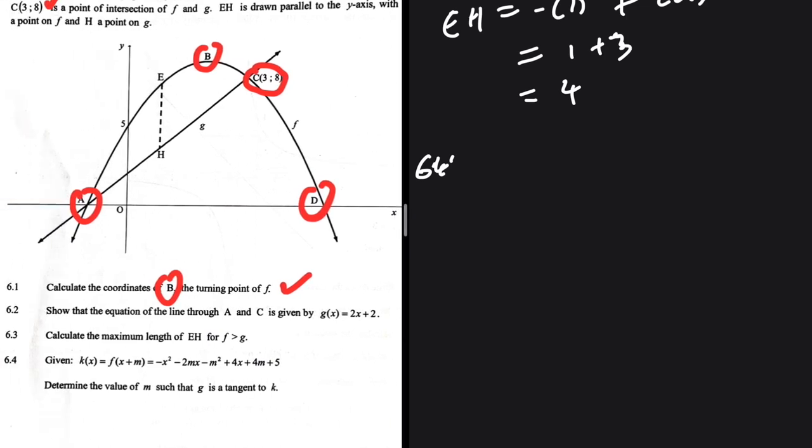So we need to think just a bit. 5 marks. Let's see what is happening. Given that k of x is equal to f of x plus m, and it is ultimately equal to minus x squared minus 2mx minus m squared plus 4x plus 4m. That is a lot. Let me erase that and write it again so that it can fit on the screen, because it seems like there's a lot happening here.